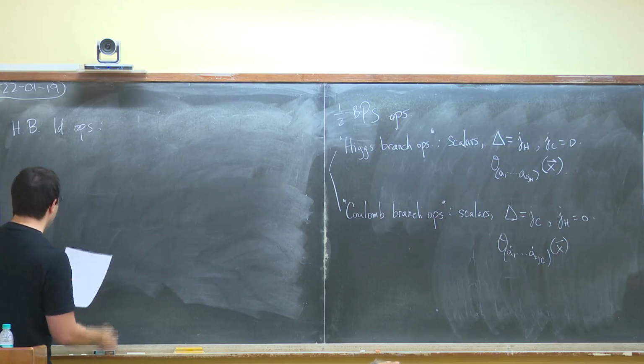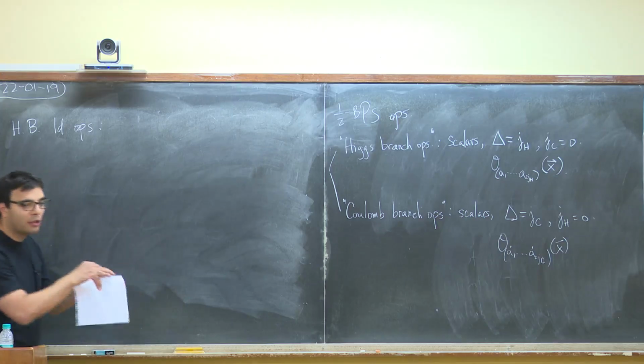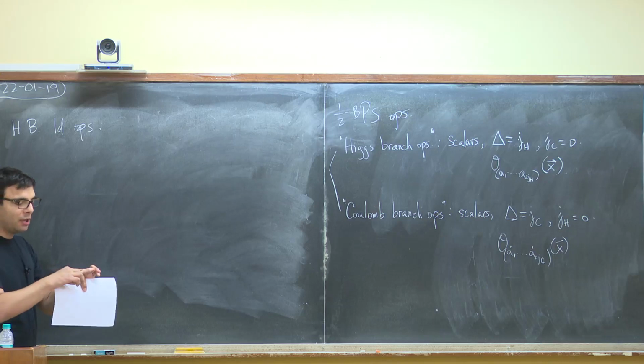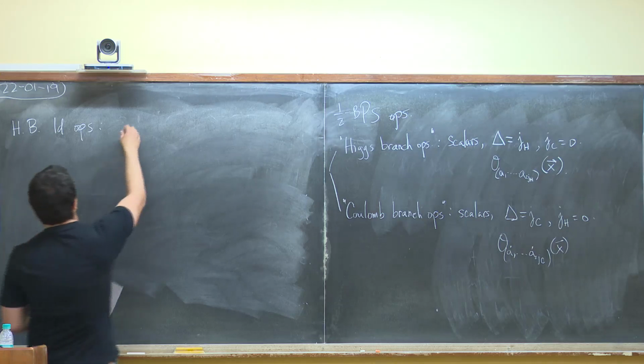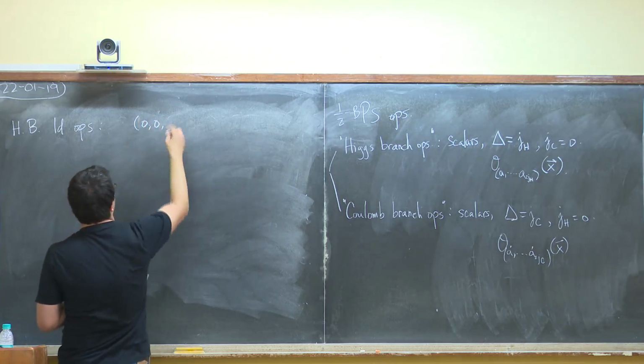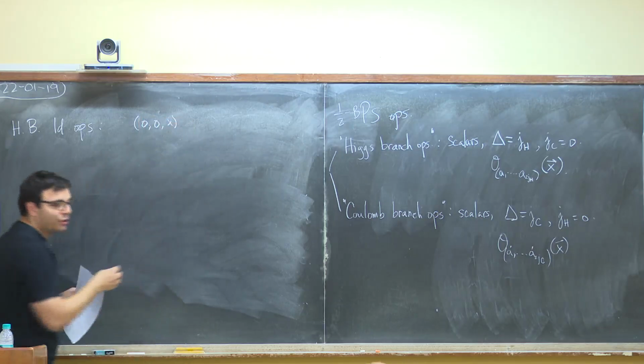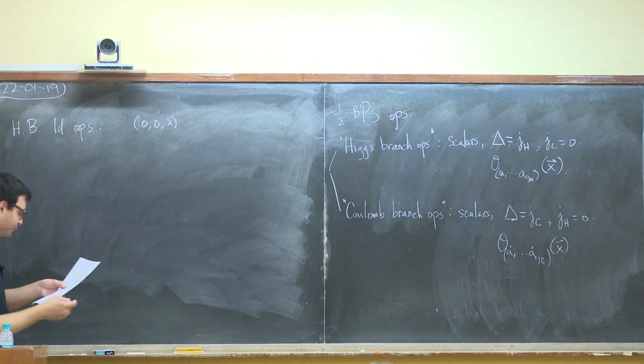1D operators. So let's just say that we put them on a line, and the line is parameterized by a coordinate x, and it's (0, 0, x). So it's in the x3 direction.